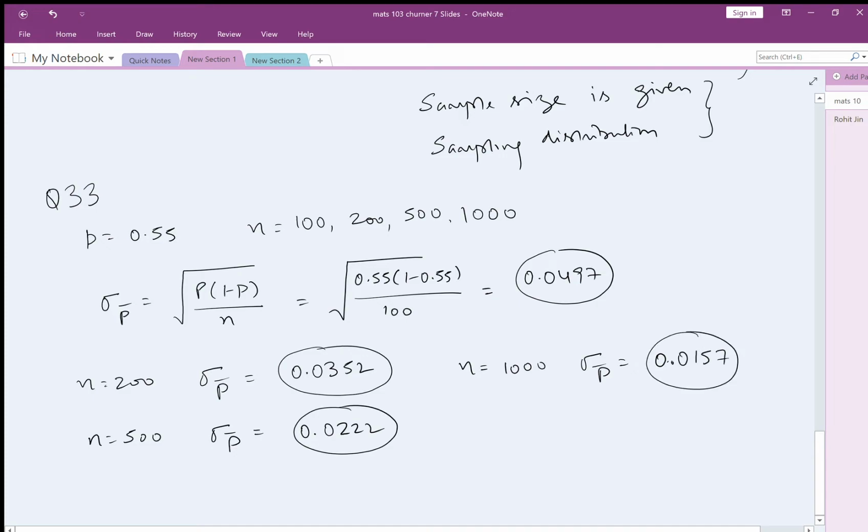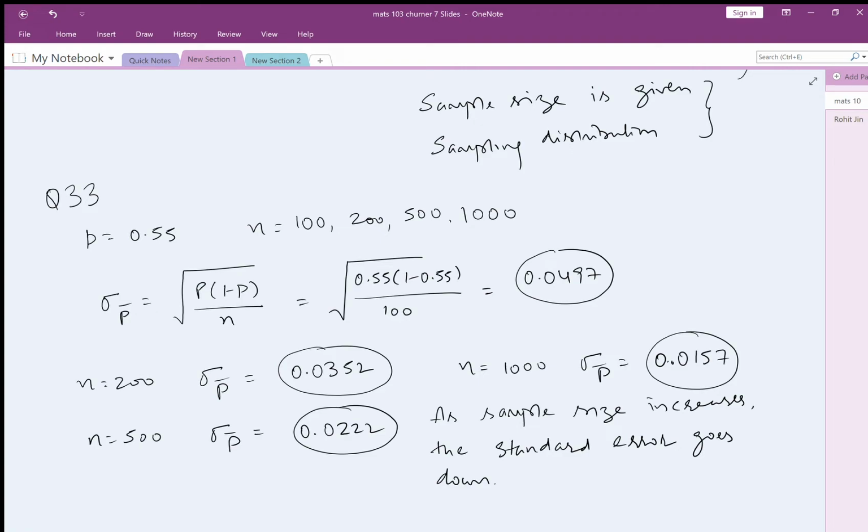So obviously what is happening is, as sample size increases, the standard error goes down. And this is exactly what we also saw in the previous question. Okay, so let's move on to the next one now, which is question number 39.